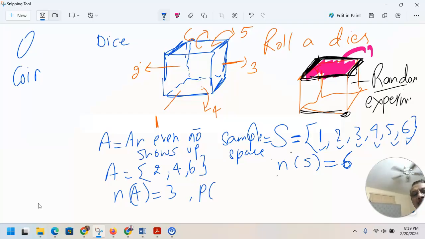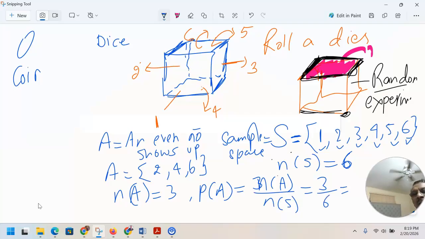If I want the probability that an even number shows up, it is n of A divided by n of S, which is 3 out of 6. Out of 6, there are 3 of them, and if you divide both by 3, you get half. So this is one example of the probability of getting an even number.